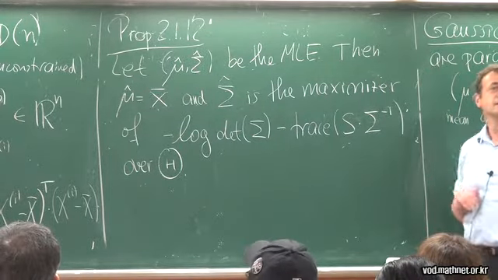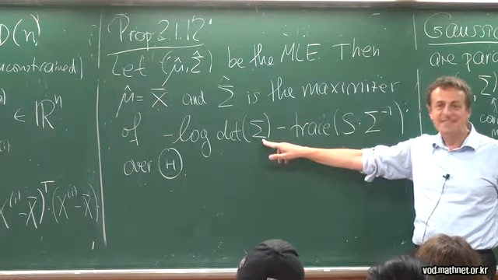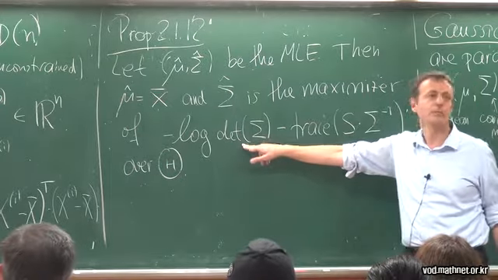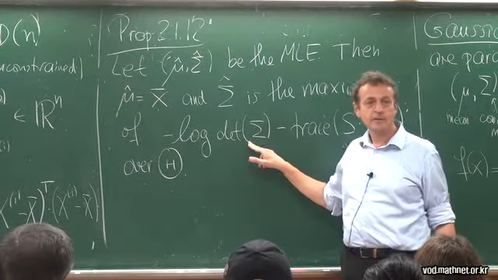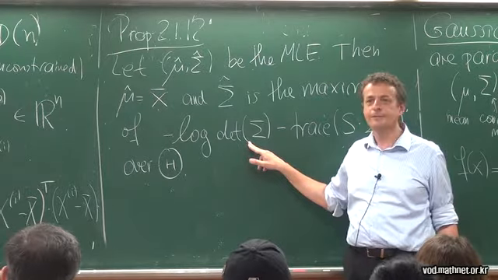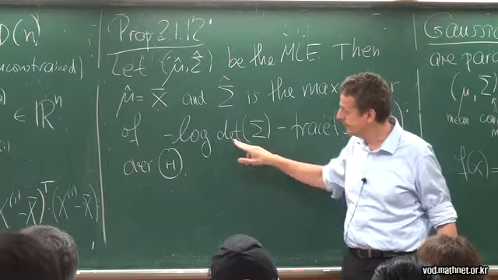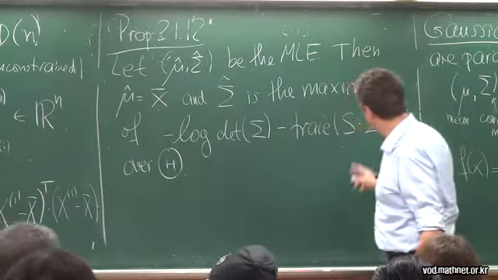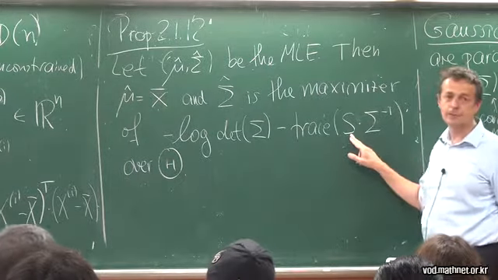Let's check that this makes sense. Sigma is a positive definite matrix, so the determinant is a positive number. The logarithm of a positive number is well defined. It's a real number. It could be positive or negative, right? Minus of that is well defined. So this is a well defined function. S is a fixed matrix, that's the sample covariance matrix.